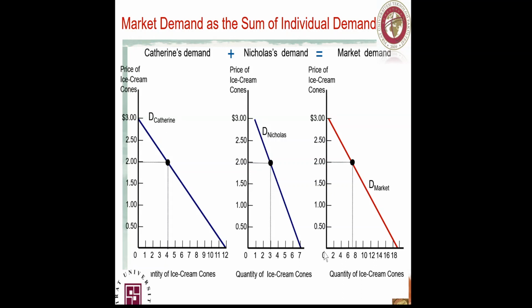So 1 plus 0, that's 1. So 1 is intersecting with 3, so we have this point here, and we have 19, so you can connect them together. Then you will come up with the demand curve of the whole market.